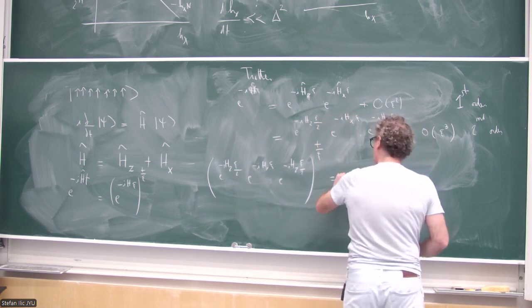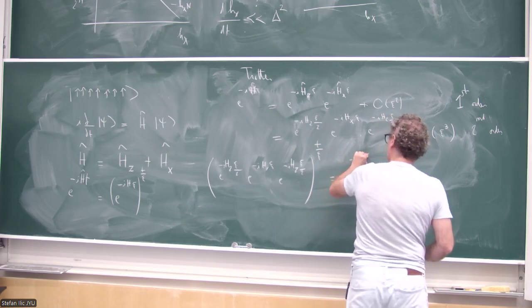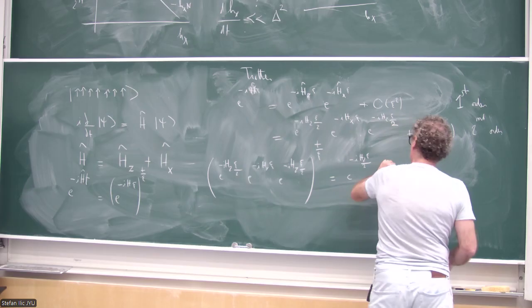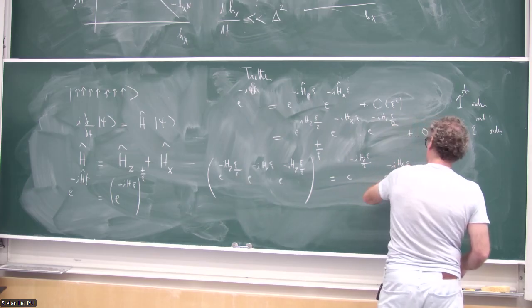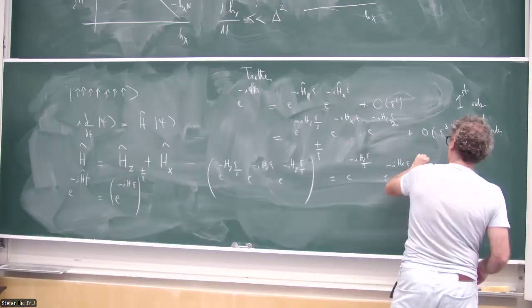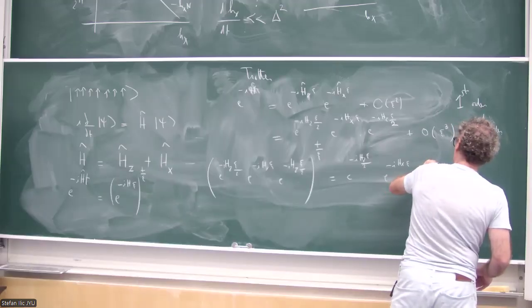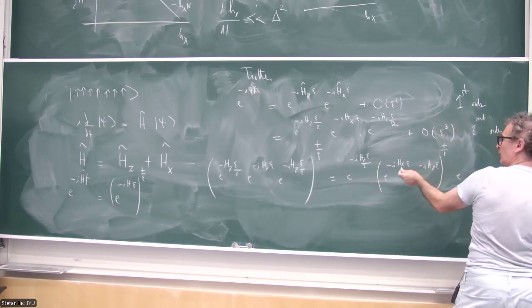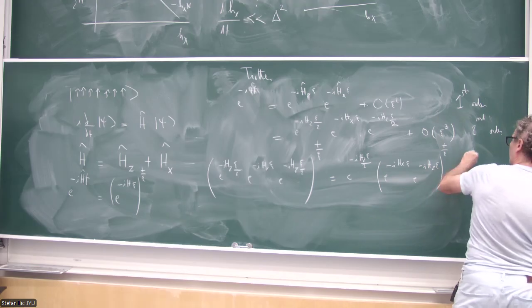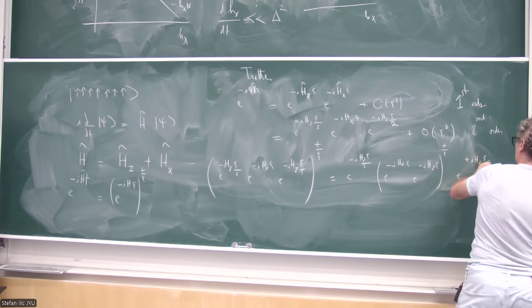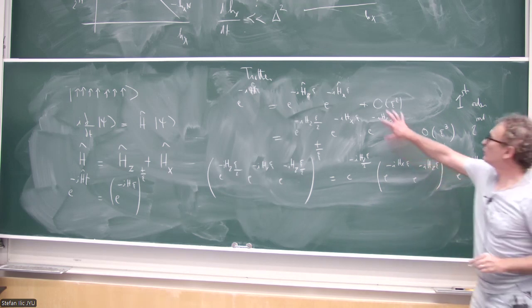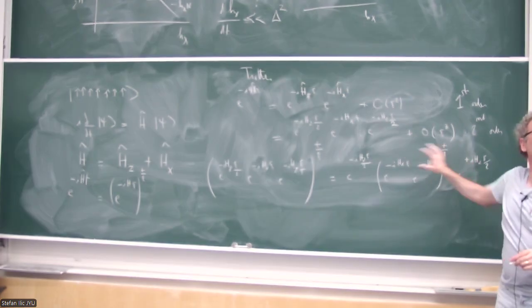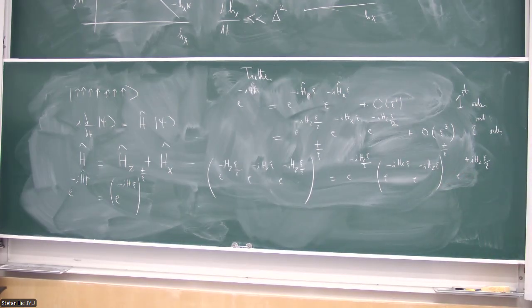So it's actually exponential minus i Hz epsilon over 2, exponential minus i Hx epsilon, exponential minus i Hz epsilon over 2, to the power t over epsilon. Then you correct for the last one, plus i Hz. So you see, if you take the first one, you just need to correct at the beginning and at the end, and you get the third order one for the price of the second order.